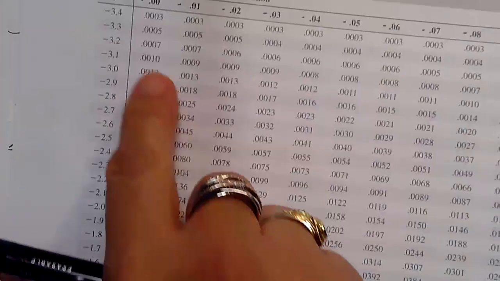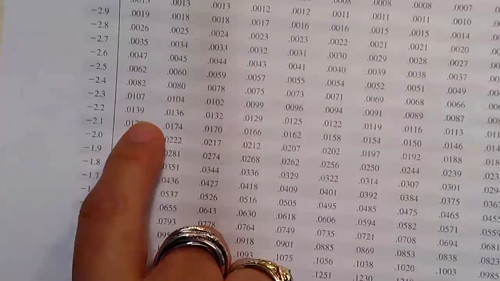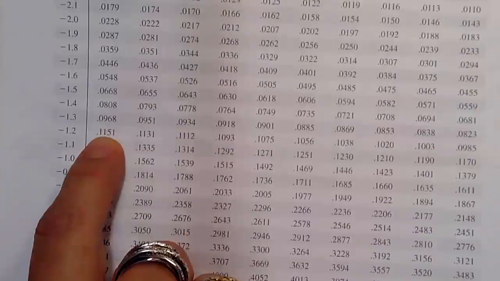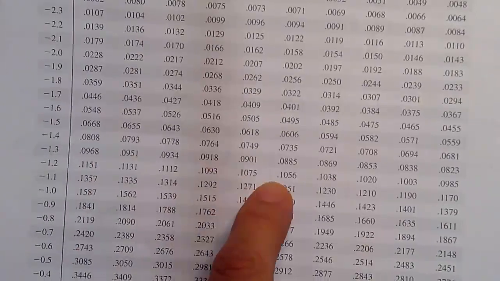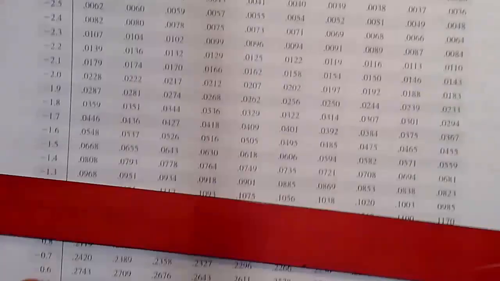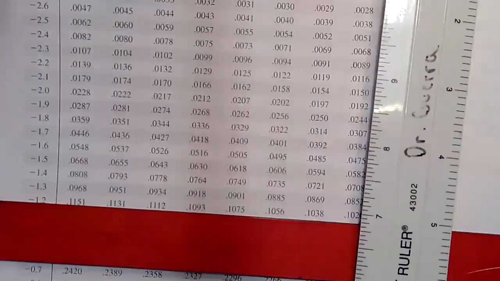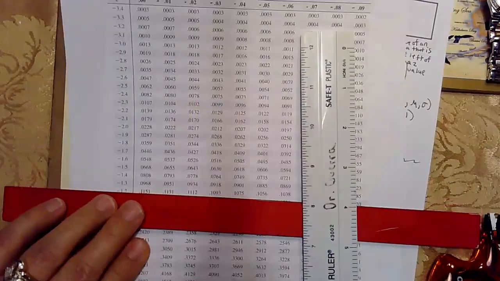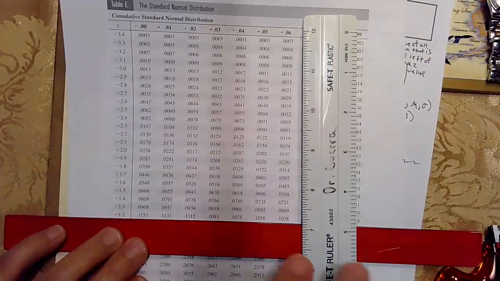And always start from the top. 0.10. Okay, so here we go. 0.11. So back up. Okay, here we go. See some 0.10s. 0.1038. There it is right there. See that? Point 1038.